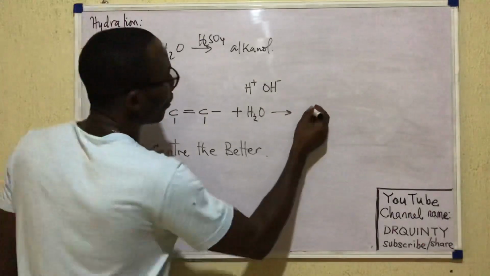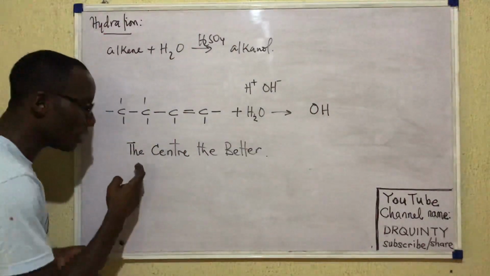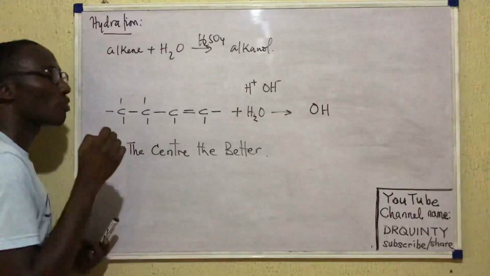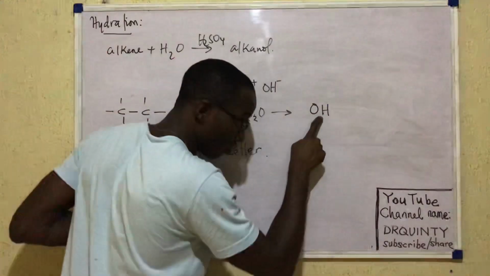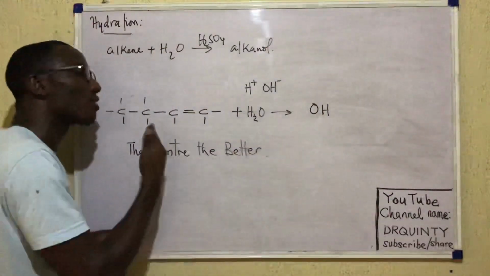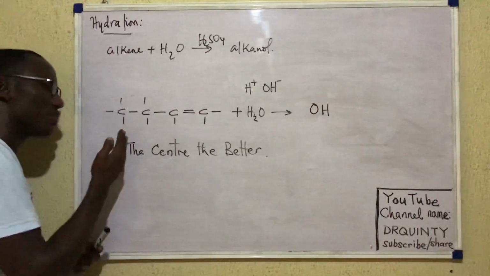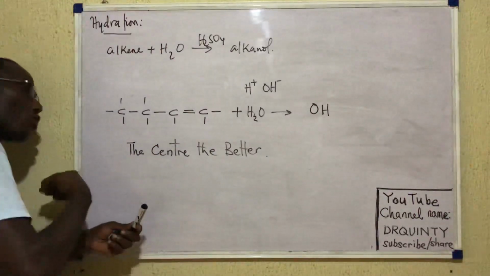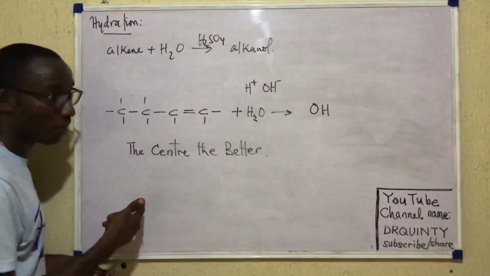And in alkanols, the functional group is OH. So by saying the center, the better, I'm trying to tell the students, let your functional group, which will be OH now, be as close to the center as possible. Even if not exactly at the center, let it be in. Don't keep your functional group out. And it's another way of applying Markovnikov's rule.